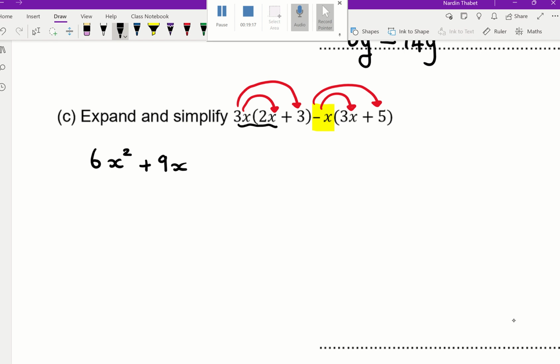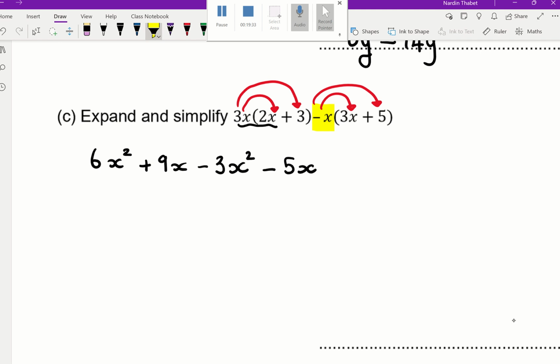And then I've got minus 1 times 3, so minus 3, x times x is x squared. And then minus 1x times 5 is minus 5x.